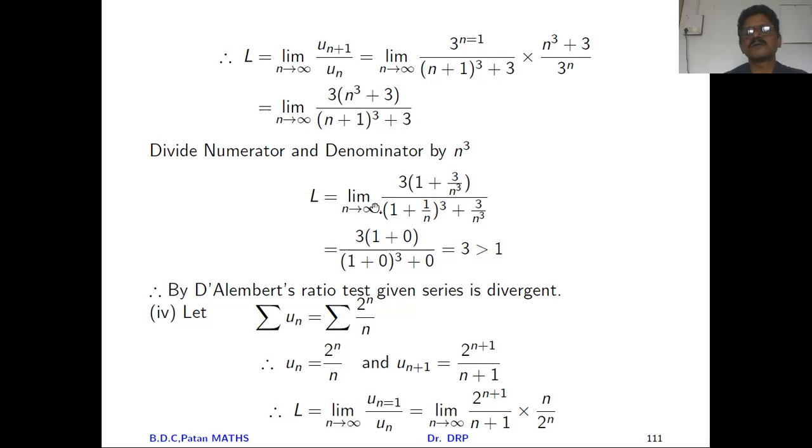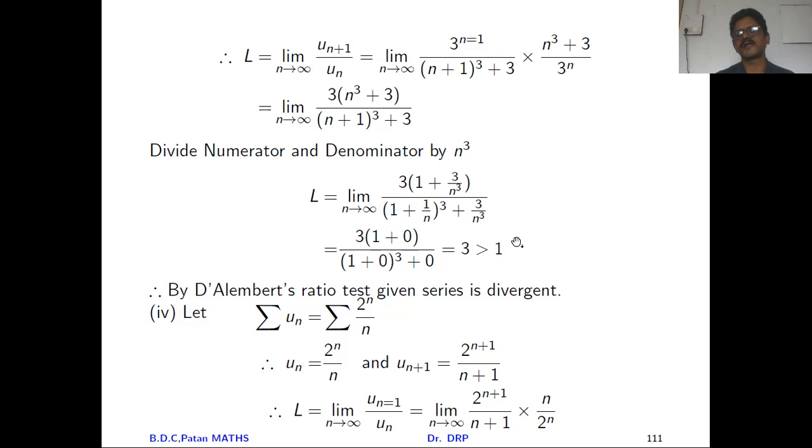And as n tends to infinity, these terms tend to 0. So L equals 3 into (1 plus 0) divided by (1 plus 0) raised to 3 plus 0. Its value is 3, and we obtain the limit to be greater than 1.